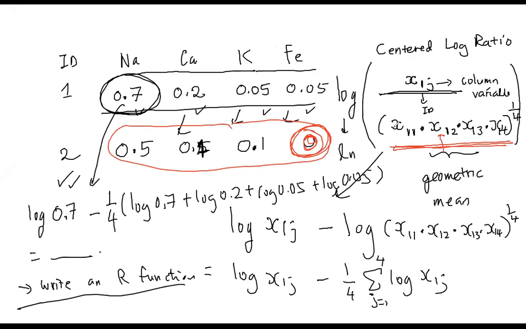Then it becomes undefined because you are dividing by 0. So for this, you have to use some tricks. I'll teach you how to do this trick here. The trick is like this.